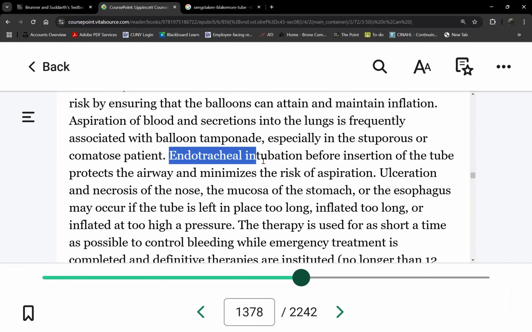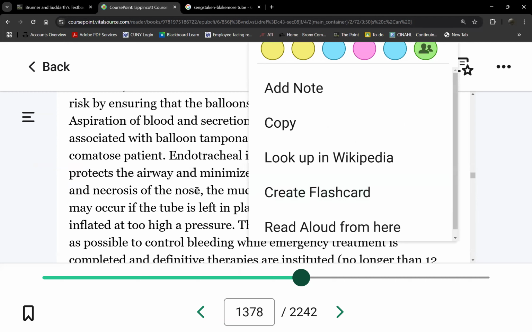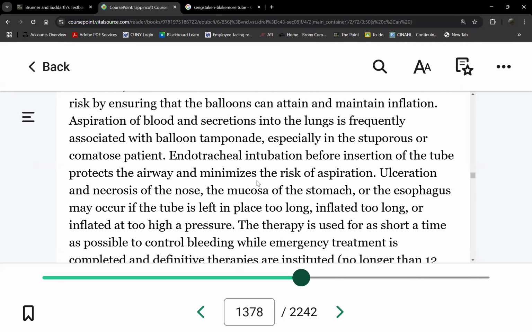So sometimes they'll pair it with endotracheal intubation. That way, we don't compromise the airway, and we can suction and prevent aspiration at the same time. But again, the size of the tube, of course, will do other damage.